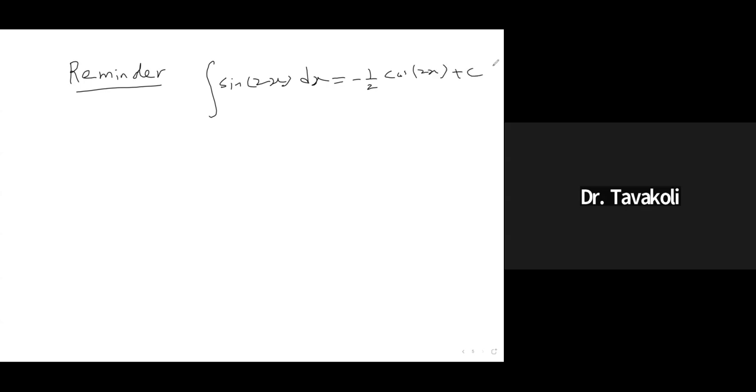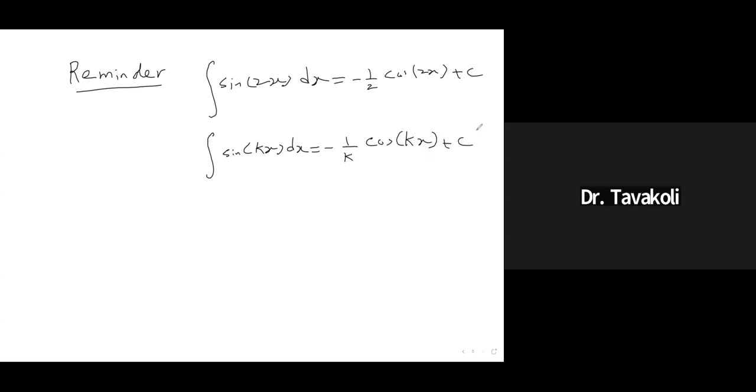There is nothing special about 2. It could be any other non-zero coefficient. So if we use substitution, in general, we have this helpful formula: the integral of sine of kx is going to be minus 1 over k cosine of kx plus c.